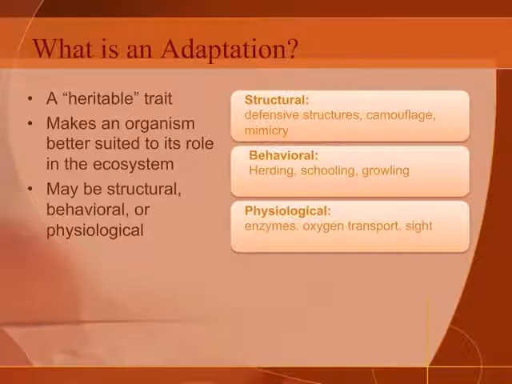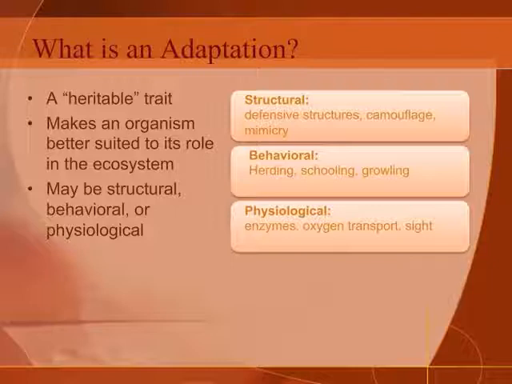So what is an adaptation that makes an organism better suited to its environment? What makes an organism the best adapted for a particular environment? If you look again under the area for natural selection, you will see a space to write some notes about adaptation. Please record that adaptations are heritable traits.